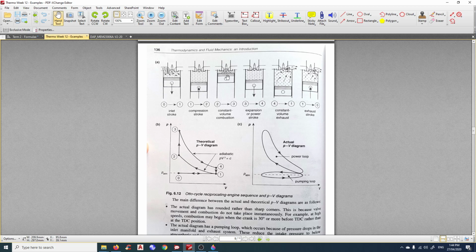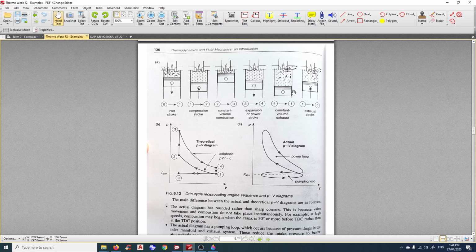The piston goes up to the top, and again at the top it can't go further, and we call this position top dead center. Once it's at the top, the spark plug ignites, and there is an explosion in this little chamber. This explosion will push the piston down very, very quickly. So from 3 to 4, we call it the expansion or power stroke.